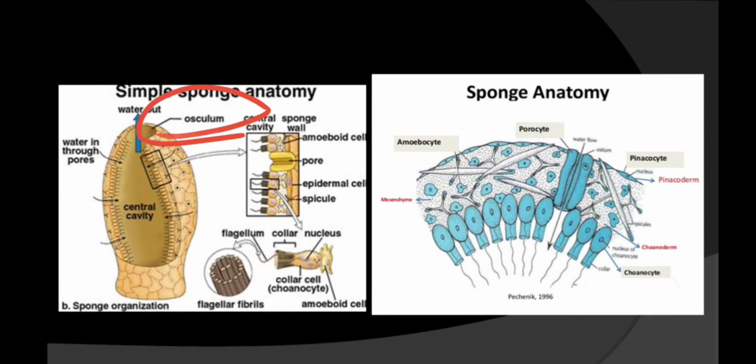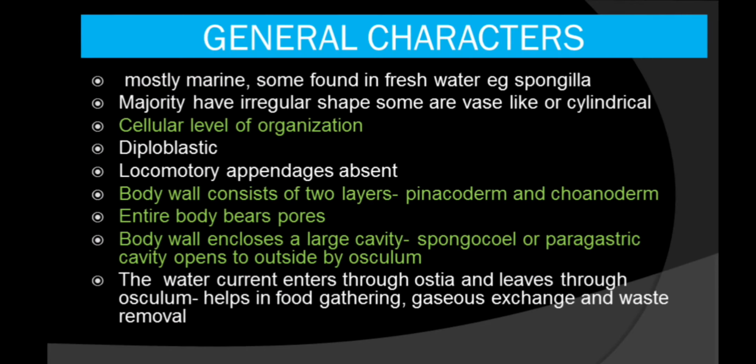So water enters inside the spongocoel by these numerous pores known as ostia and out from the body through the osculum. Okay, so this water current helps in gathering the food as well as helps in gaseous exchange and also waste removal. So this water current is very helpful for these animals.